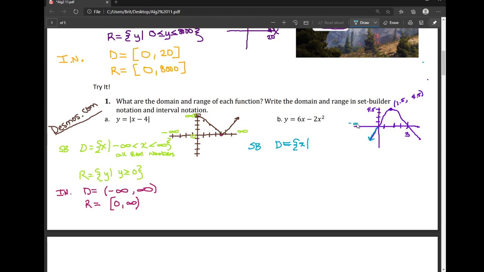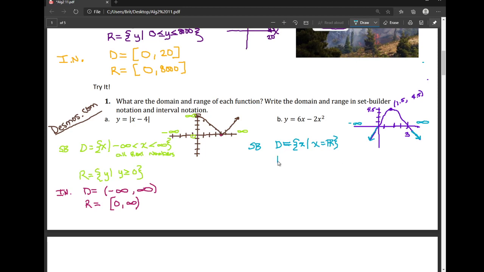That means I'm going to look at negative infinity on the x-axis. And then the parabola is mirrored, right? Those are symmetric graphs. So if it's going forever to negative infinity, it's also going to go forever on the x-axis towards positive infinity. So that means that x is a real number. Here's another way to write that if you don't want to write all the words out.